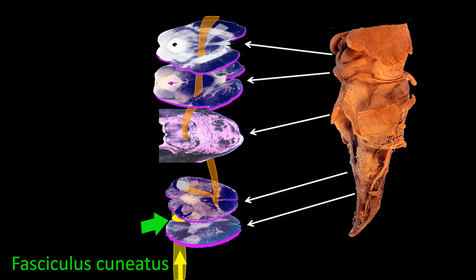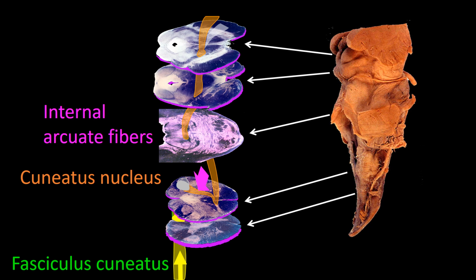Upon reaching the lower medulla, the axons of the dorsal ganglion neurons carrying these modalities end at the cuneate nucleus, where the second neuron of the dorsal system, also called the dorsal column medial lemniscus, lives.